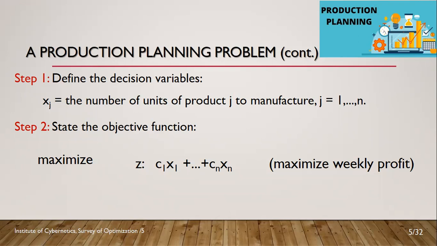The profit we get from product j is given by c sub j times x sub j, and then we sum up all the contributions of each product to obtain the total. Of course, we are maximizing, so our objective is to maximize the summation of c sub j times x sub j over j from 1 to n. So this is the final formulation of the objective function.